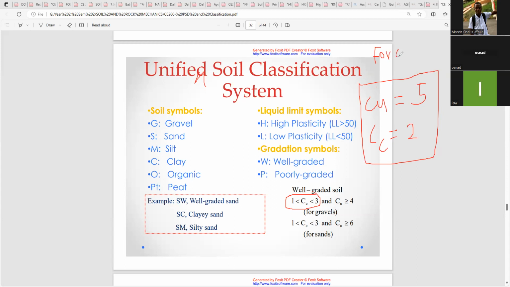So you have it as maybe a well-graded gravel. This condition is for gravels.